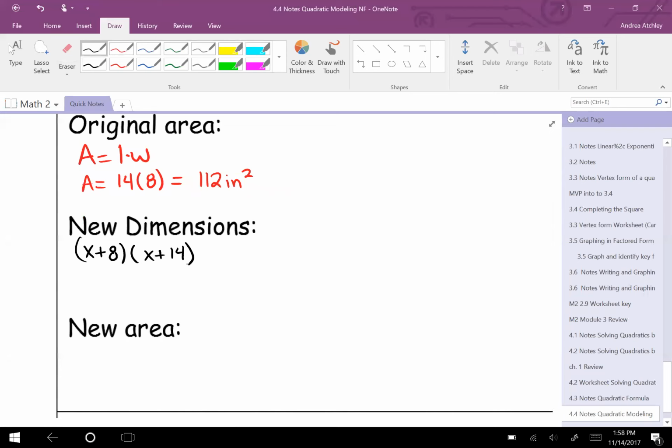Okay, my new area is the original area plus the increase.